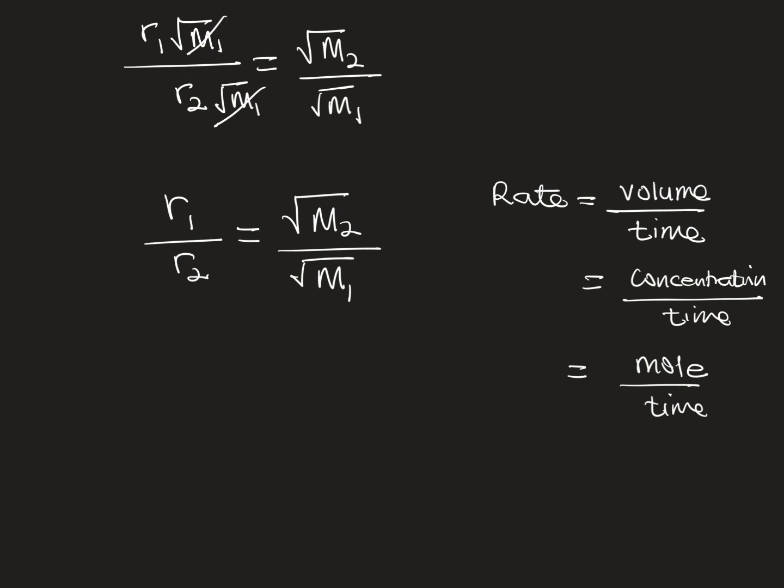All right? So sometimes you may not be given rate, you will be given time. And as you can see here, rate and time are inversely related. So if rate and time are inversely related, it means that time and molar mass will be directly related.